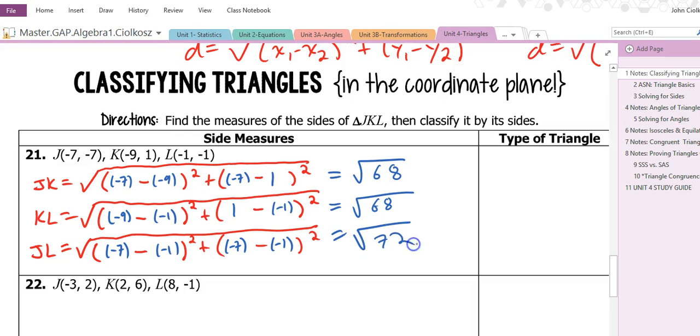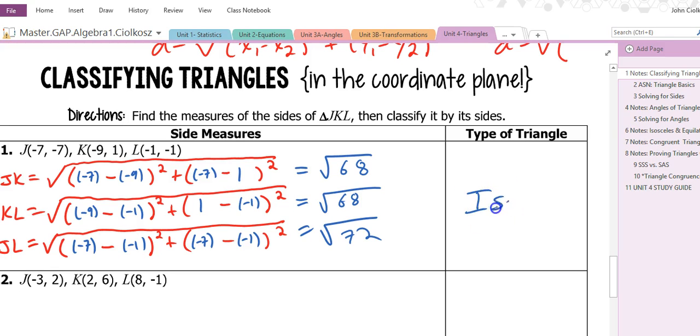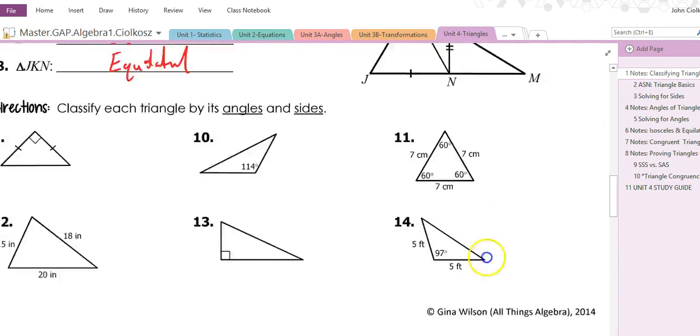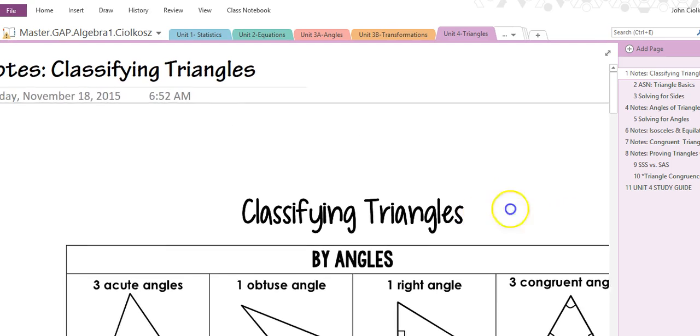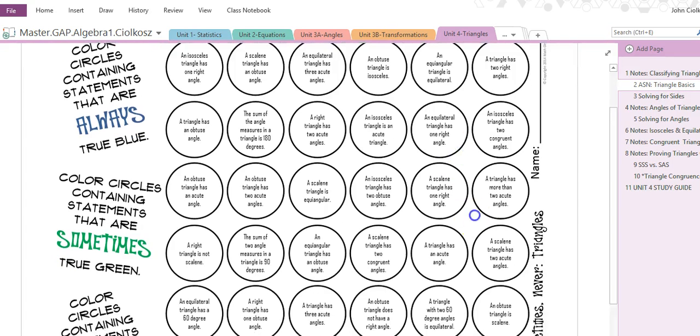So here, you see we have two sides the same, so classifying by its sides, just isosceles, because two are the same.